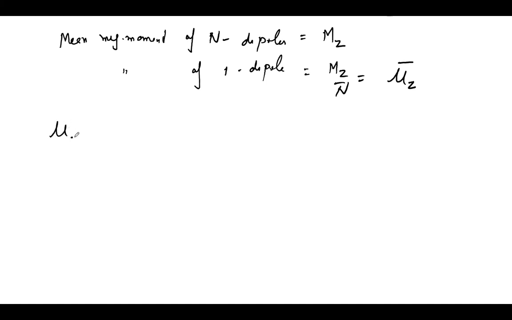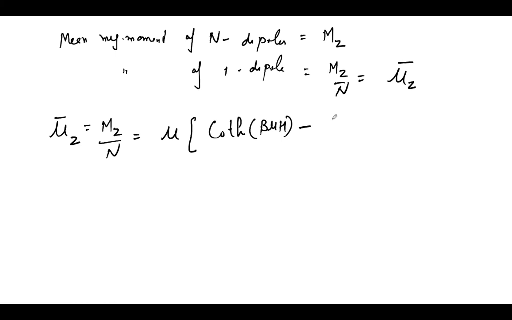So this mean magnetic moment of one dipole we can write as mu into cot hyperbolic beta mu h minus 1 over beta mu h.